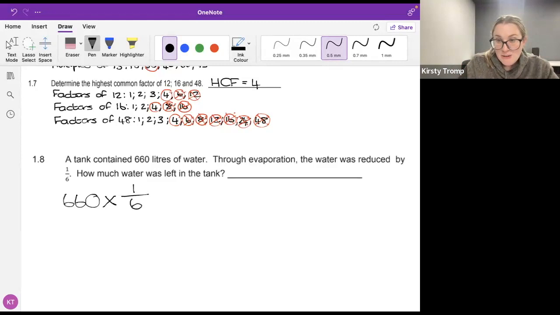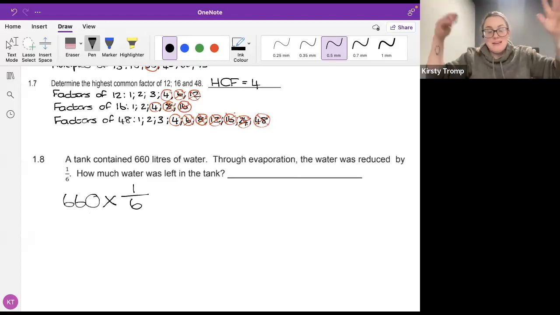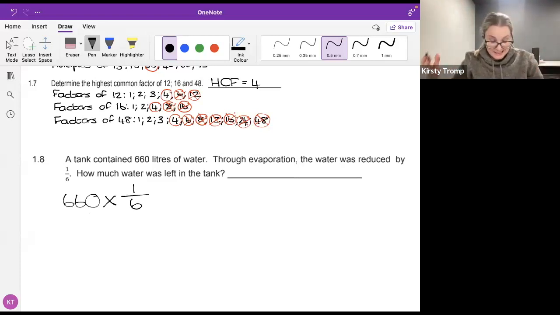So 660 times by 1/6. So we want to know how much of that water evaporated, how much left the tank.